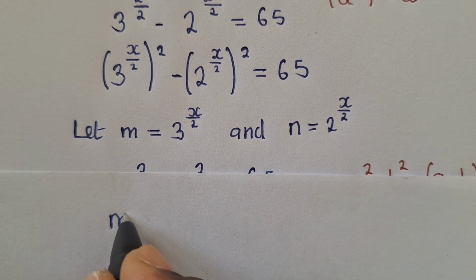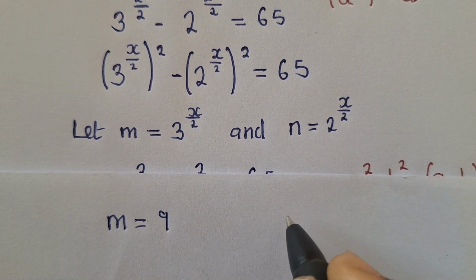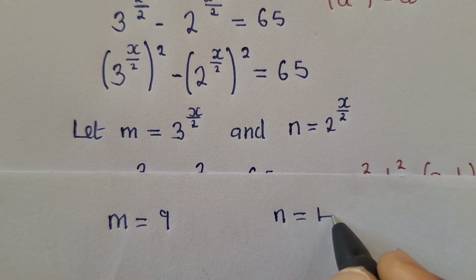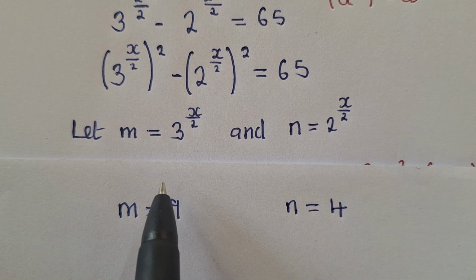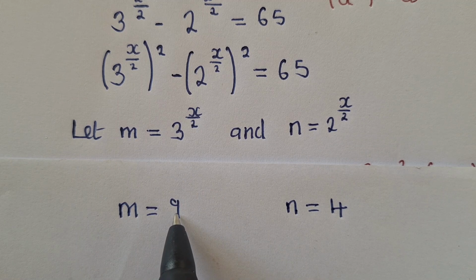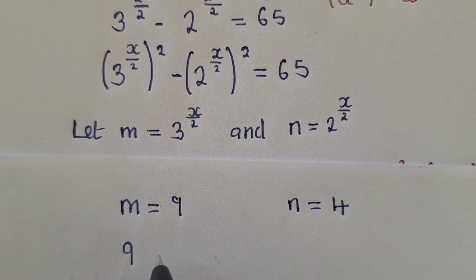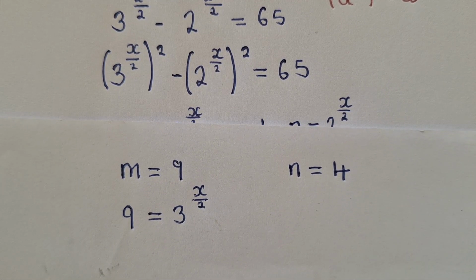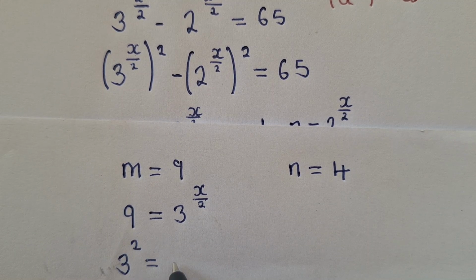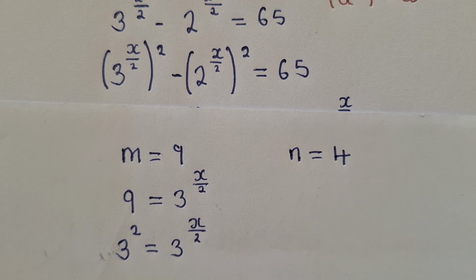Since our m is equal to 9 and our n is equal to 4, we shall solve these equations. So in place of m, we write 9. 9 is equal to 3 power x over a 2. Balance the bases. This will be 3 power 2, which is equal to 3 power x over a 2.